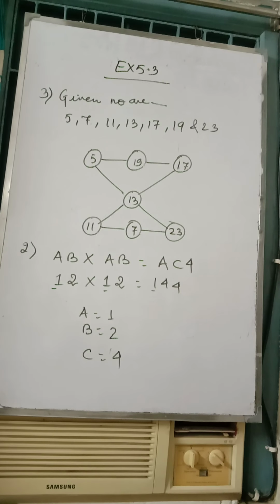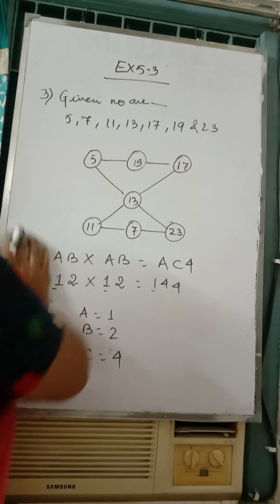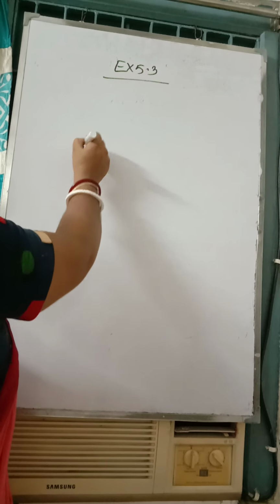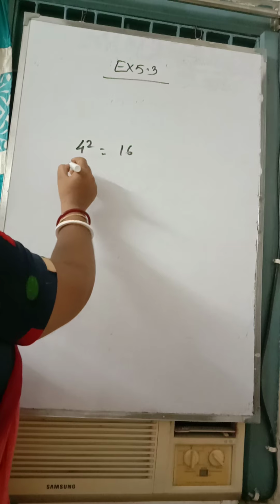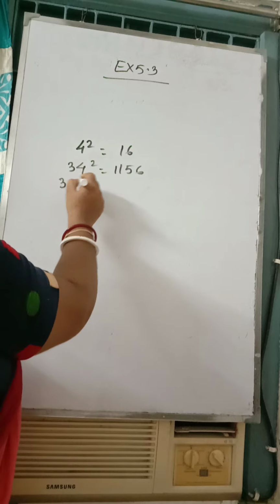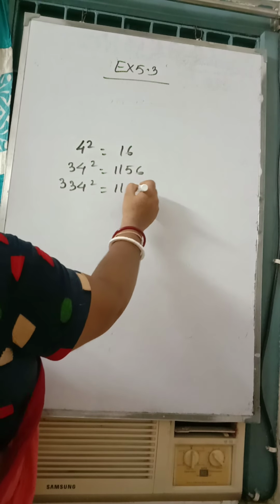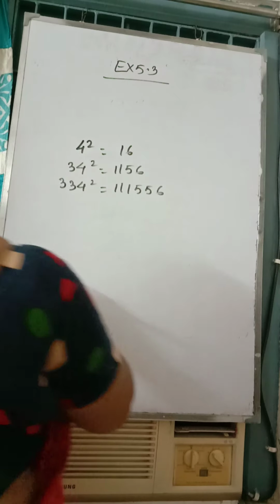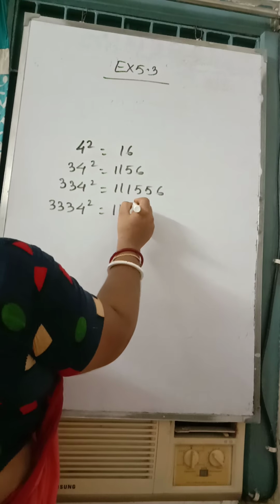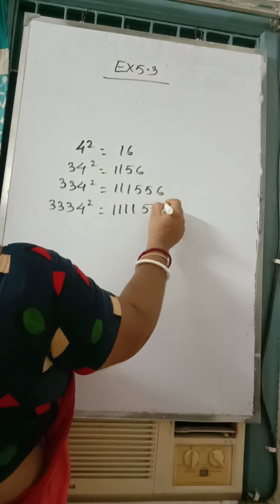Question number 4 and 5, the magic squares you need to do. Let us see question number 6. Here you need to observe the pattern and write the answer. Given is 4 square 16, 34 square 1156, 334 square 111556. Now for 3334 square, then we need 4 ones and 5 fives and 6.